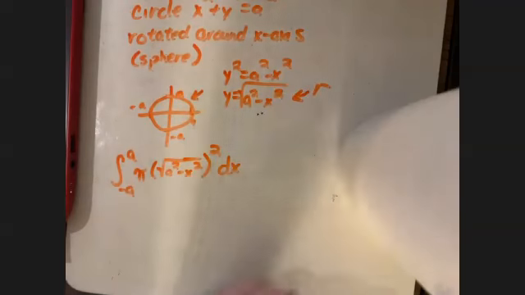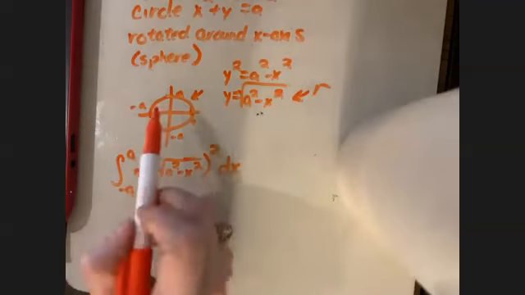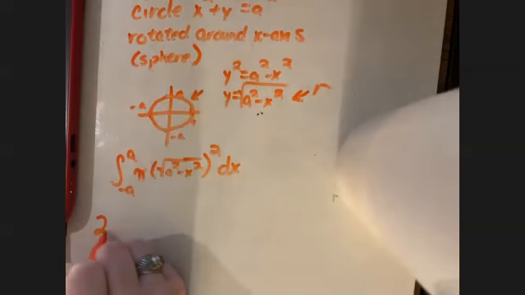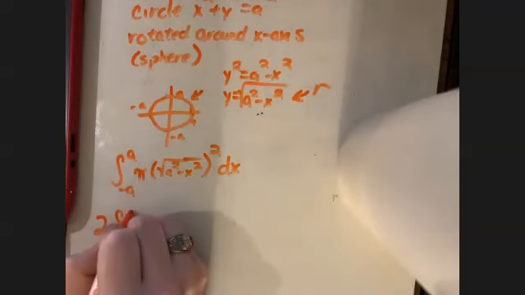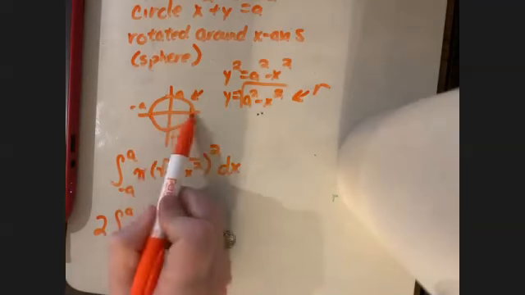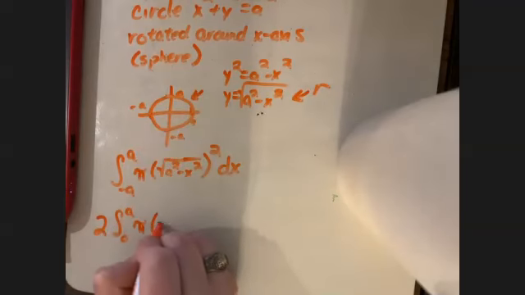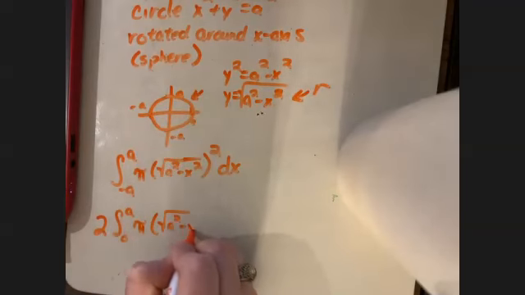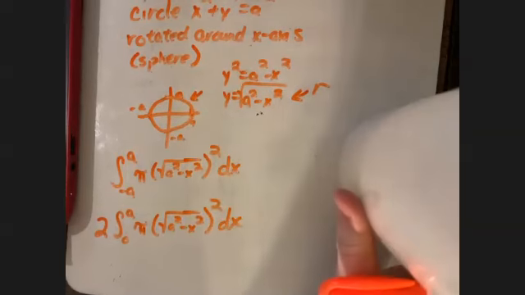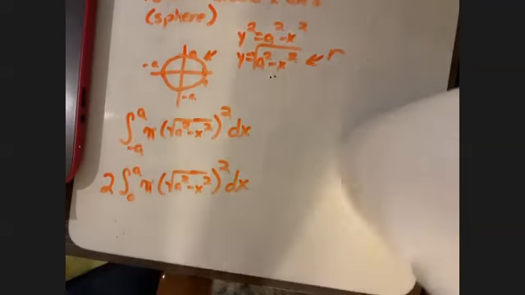The other option that I have is that because it's even, I could do 2 times the integration from 0 to a of pi, now notice I'm only going from 0 out this time, of square root of a squared minus x squared, squared dx. Now I'm going to work with the second one because it's an even function.